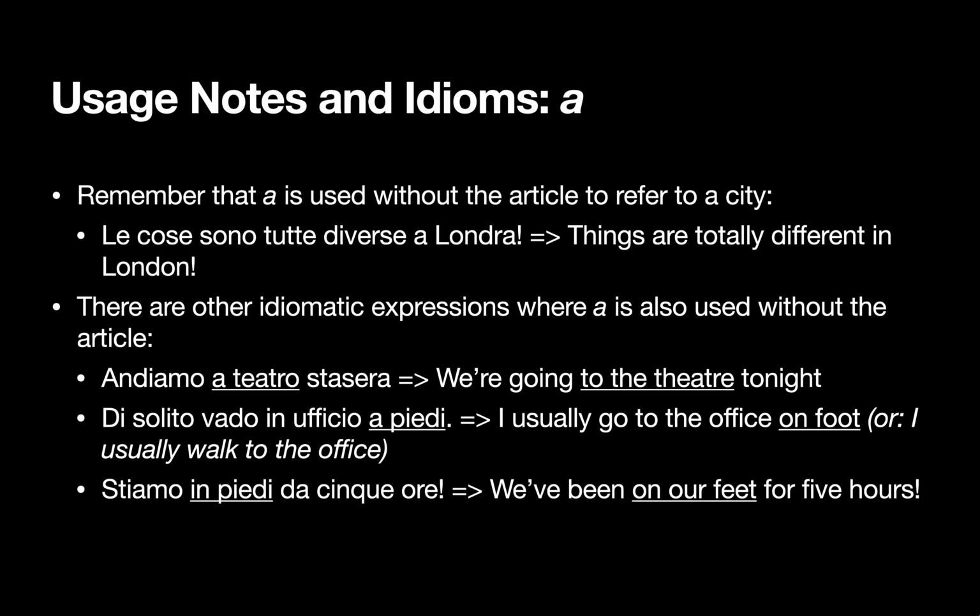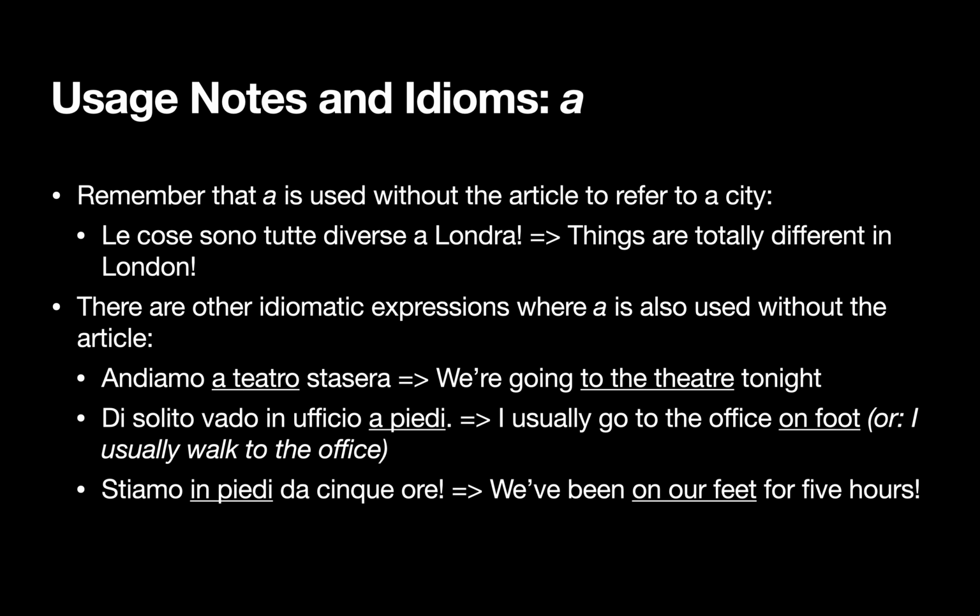There are a couple other idiomatic expressions where a is used without the article, where we would use it in English. So, andiamo a teatro stasera. We're going to the theater tonight. In Italian, it's just a teatro. A couple other good ones. Di solito vado in ufficio a piedi.